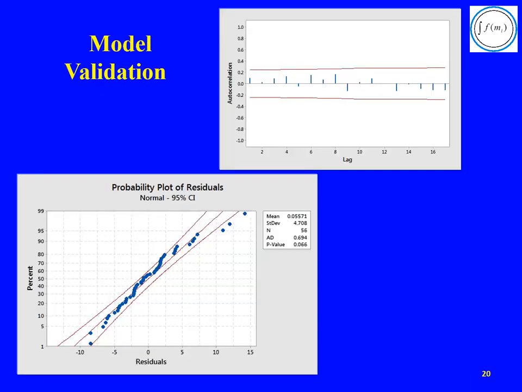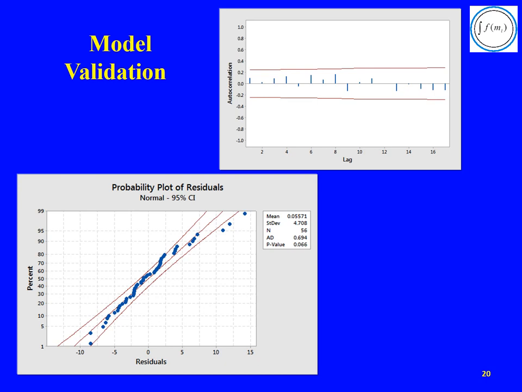Here I further explain the model validation part. At the top right you can see the autocorrelation function for errors. Here you can see there are no significant spikes. That means there is no correlation between errors. Errors are independent. So that is one criterion to be satisfied.